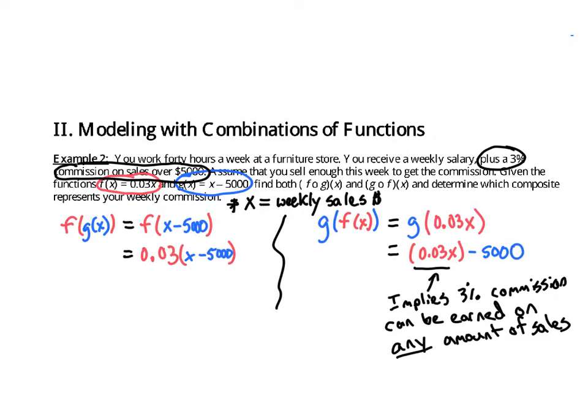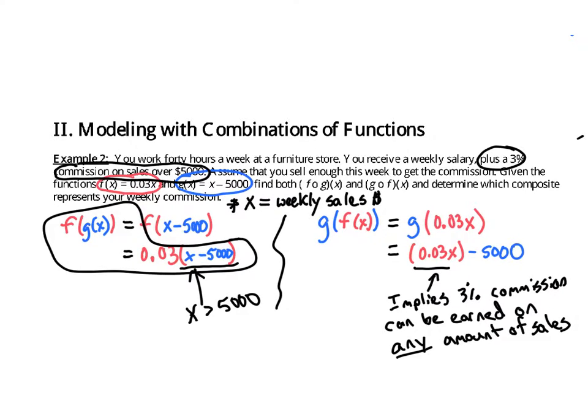Well, this implies that the 3% commission can be tacked on to any amount of sales x that you have. Well, that's not what the problem states. The problem states you must sell over $5,000 in order to get that 3% commission, and that's what the x minus 5,000 implies. X has to be greater than $5,000 for us to start making that 3%. Otherwise, x minus 5,000 is negative. So with that being said, f of g of x represents this situation.